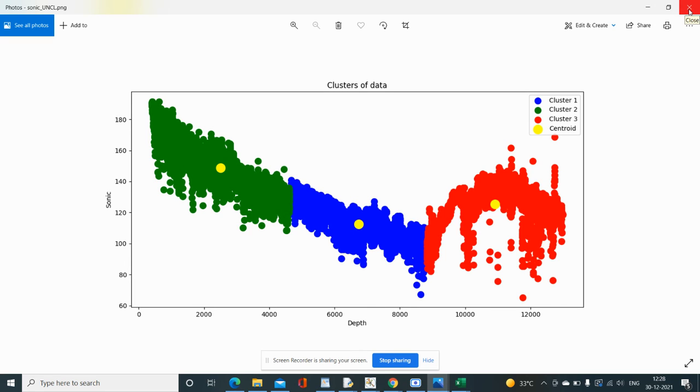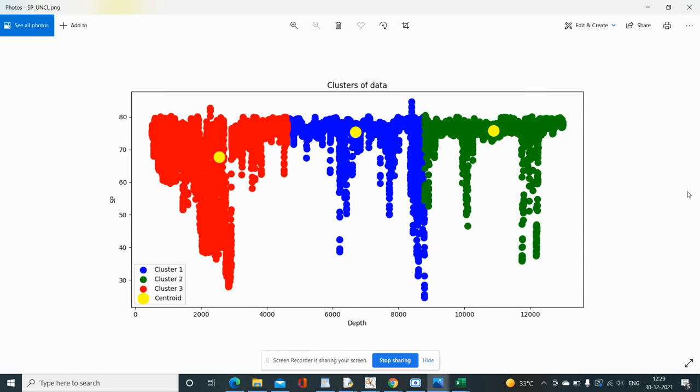We can increase the number of clusters by giving more cluster points or more centroids, but then it won't be helping us much, because if there is no density around the extra center points, then the clusters may not form. And this is the spontaneous potential plotted and clustered.